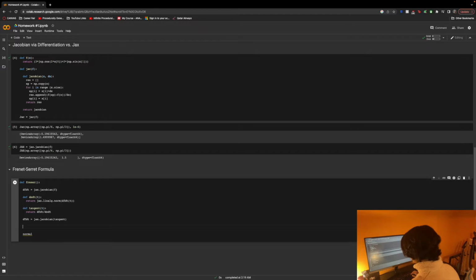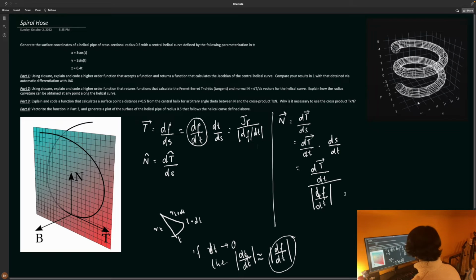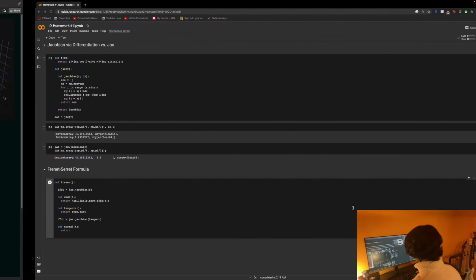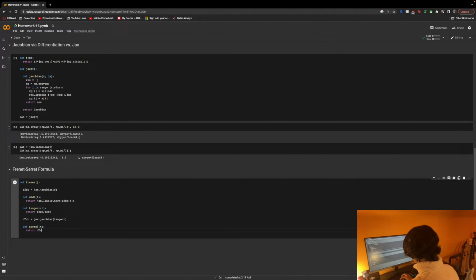So we have that, and finally, we're also going to find our normal vector. Let's define that as a function. It takes t as input, and it will return our normal vector, which is simply going to be our tangent dT/dt over our magnitude, which would just be the ds/dt.